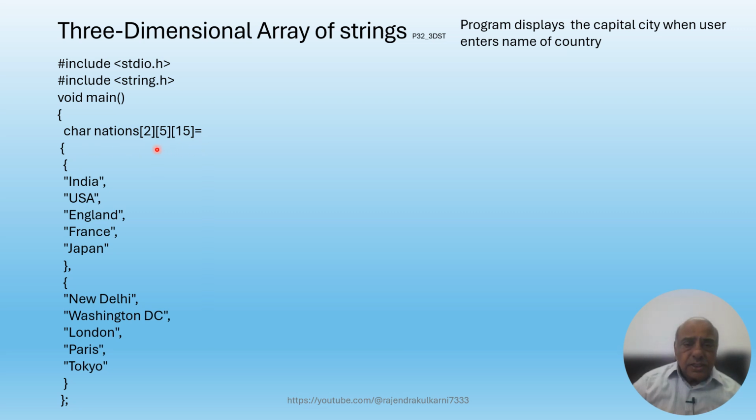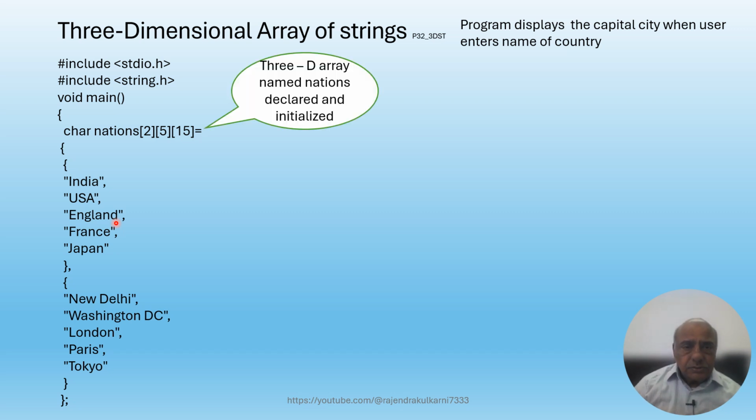This nations array has 2 as the first subscript, 5 as the second subscript, and 15 as the third subscript. We have entered names of 5 nations and their respective capitals in this array as its elements. So this is how we are declaring and initializing the 3D array of strings.